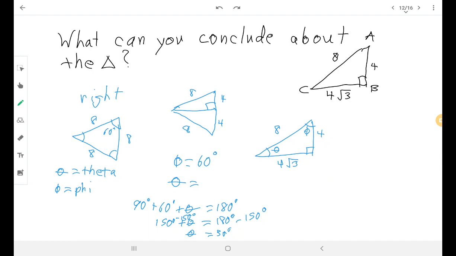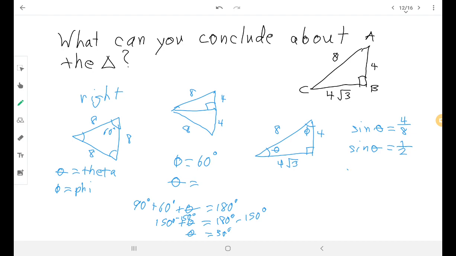You could also talk about the trig functions here. I can't remember whether this problem wants you to talk about the trig functions yet, but it's something that we could definitely do. You could say, for example, that the sine of angle theta is the opposite over the hypotenuse, so it is 4 over 8, which you could reduce to 1/2.